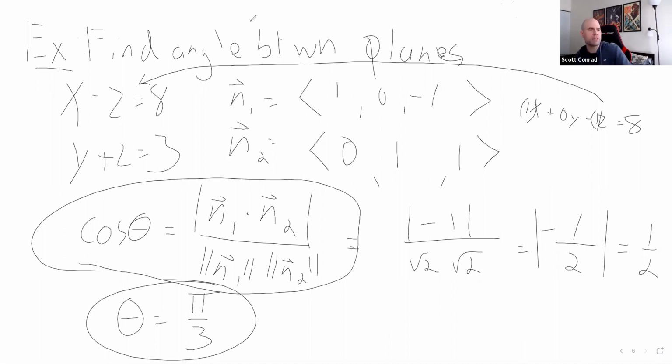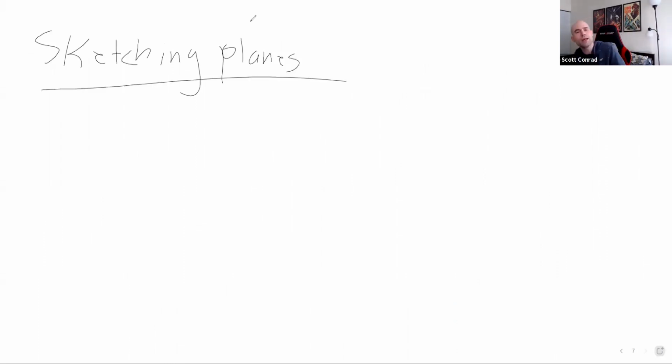And one last thing I want to mention really quickly is it's going to be useful, especially later, to be able to sketch planes. And the way we're going to do that is we're going to find the intersection of the planes with the coordinate axes.